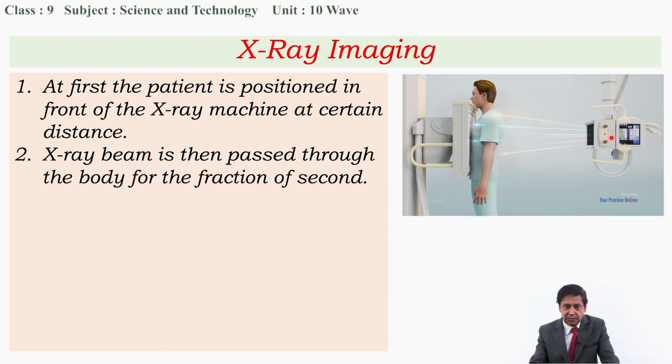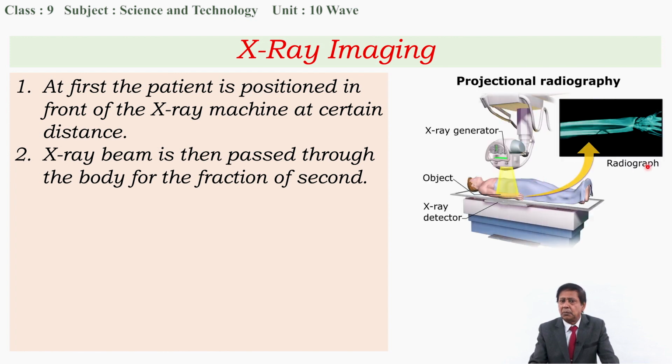This is the X-ray machine, and X-rays are passed through his body, and some of the X-rays come out of his body. Some of them are absorbed by the body. It is shown here: bone absorbs it, flesh doesn't absorb it, and the air sac doesn't absorb it. This way, some passes through the body, some doesn't.